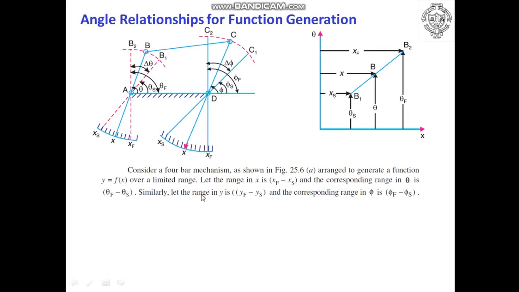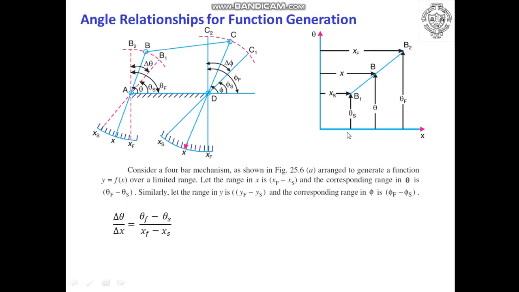Similarly, let the range of the output crank be y, starting from ys and ending at yf, so the range is yf minus ys, and the corresponding range is phi f minus phi s. As I have already said, you have to make a correction here: instead of writing xs, x and xf, you have to write ys, y and yf.